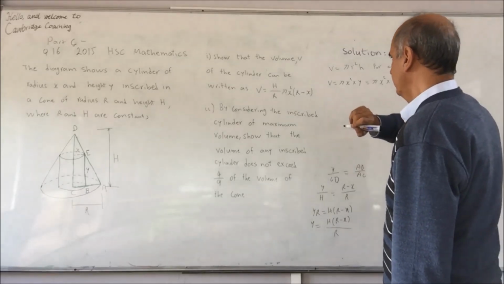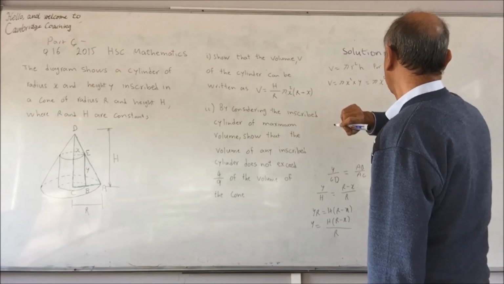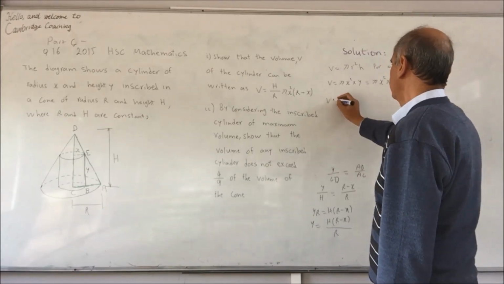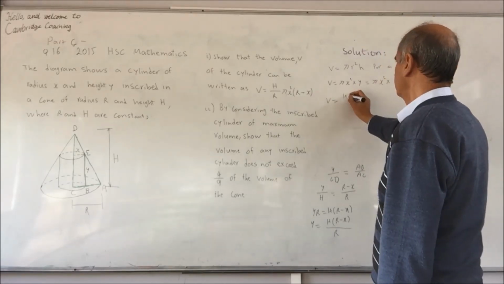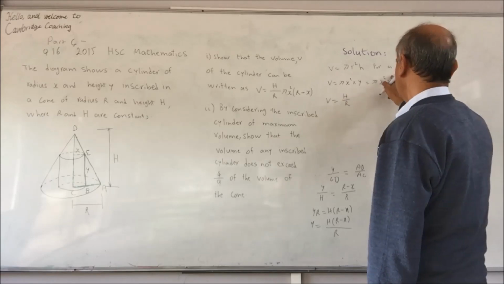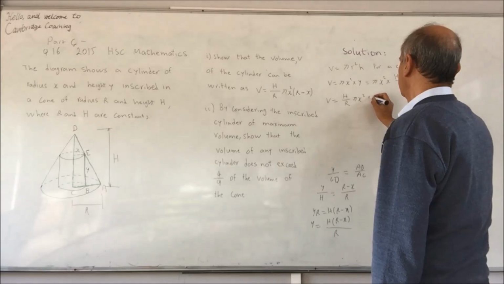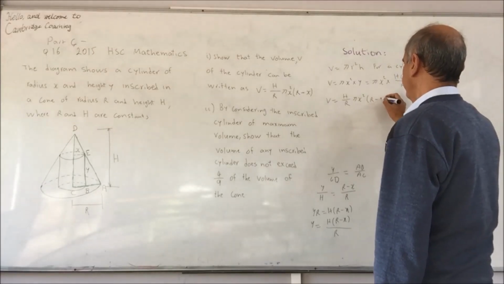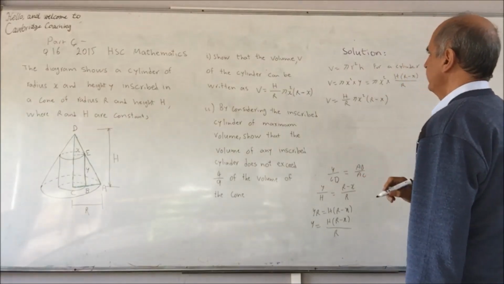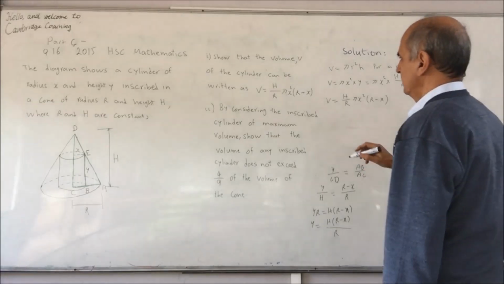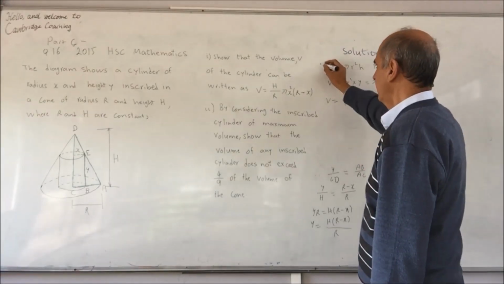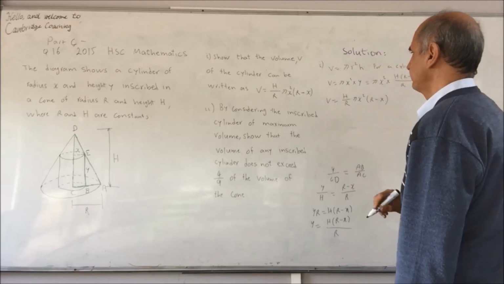Okay, this should be what they have asked from us. So we can rearrange it a bit to write it the way that they wrote it: h on r, pi x squared times this bracket. Okay, that answers part I of this question.